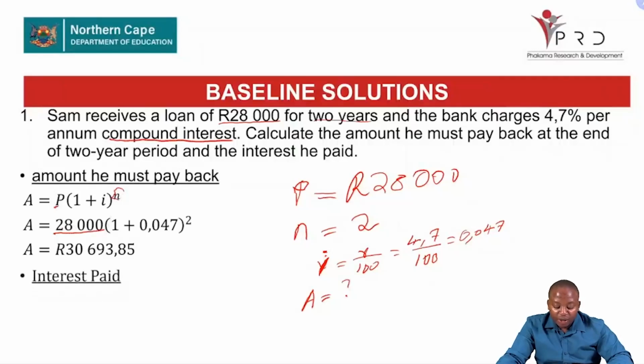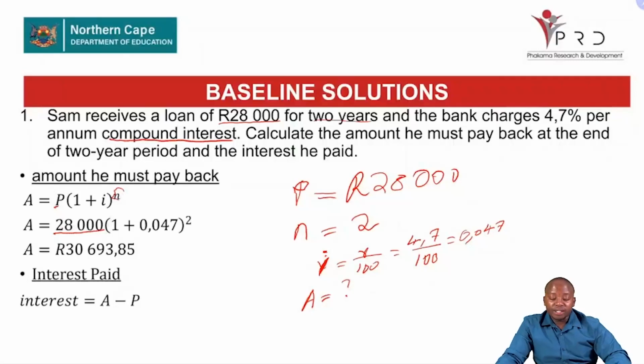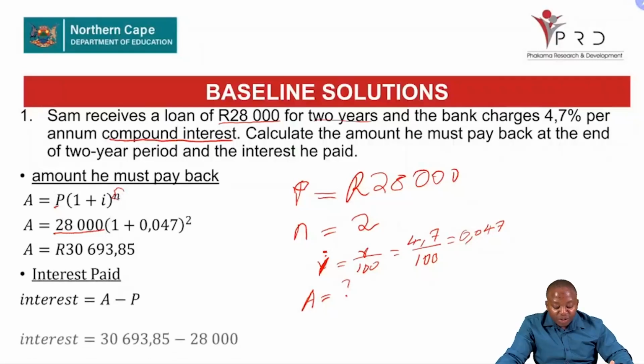Now we must find out how much is the interest. How do we find the interest? So the interest is actually the future amount minus the present. That is to say, it is the amount that you are supposed to pay back minus the amount that you have received. So how much interest did you pay?